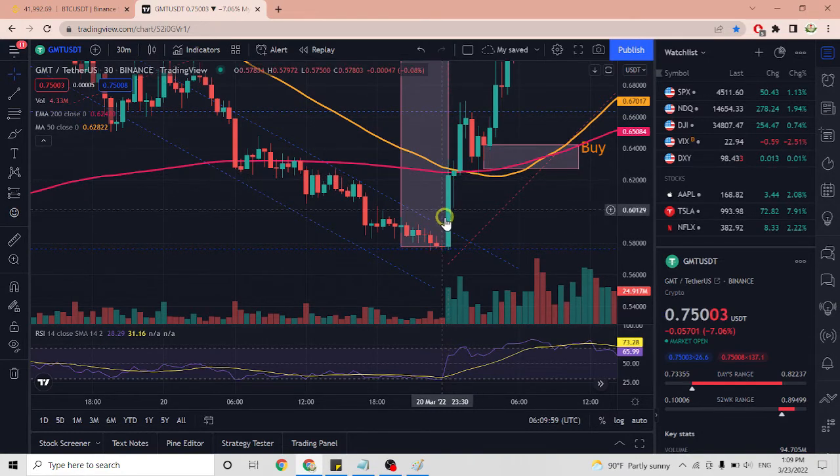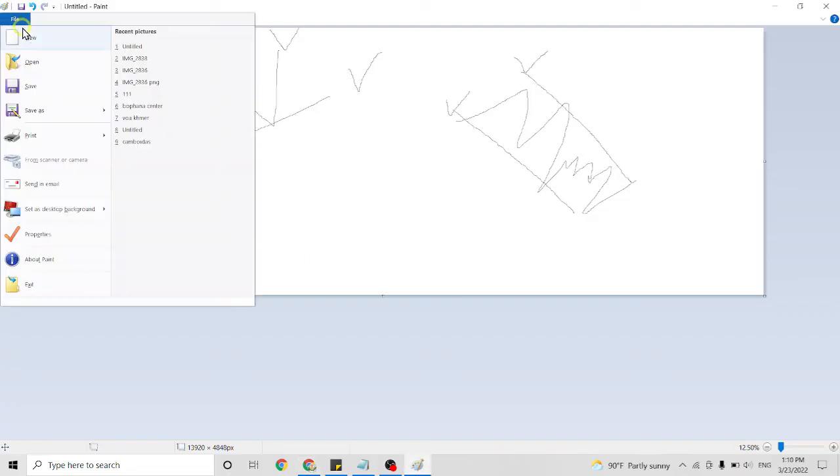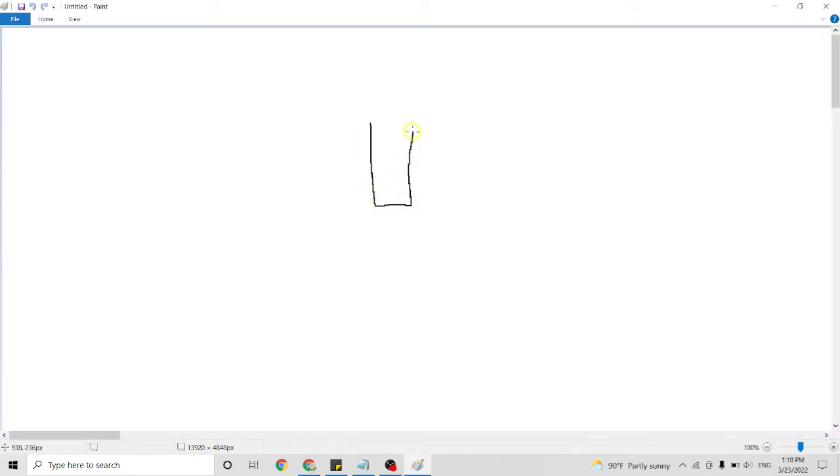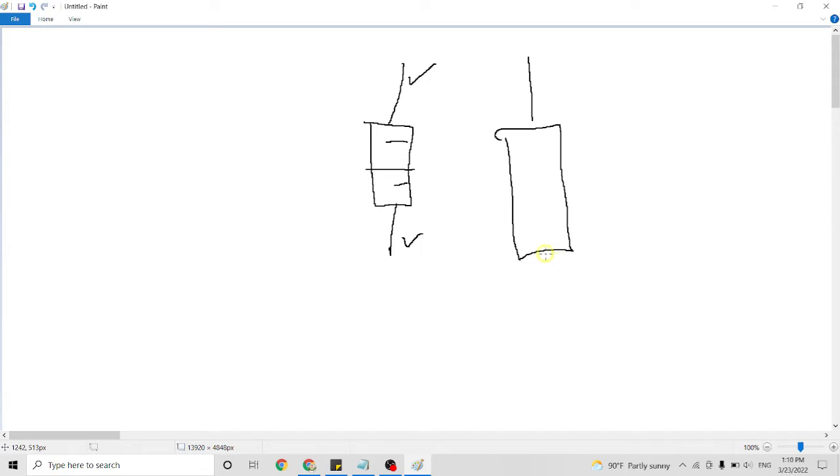Because the candlestick has a body, a head and body, and the shadow is little here, like this one. This is shadow, this is shadow.